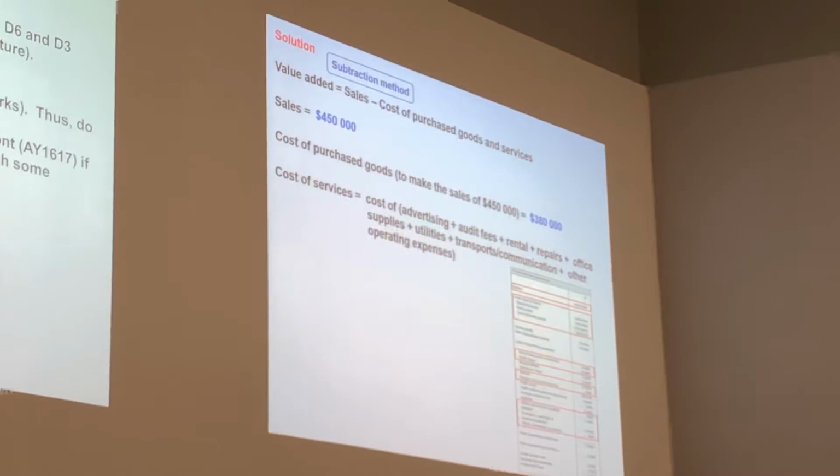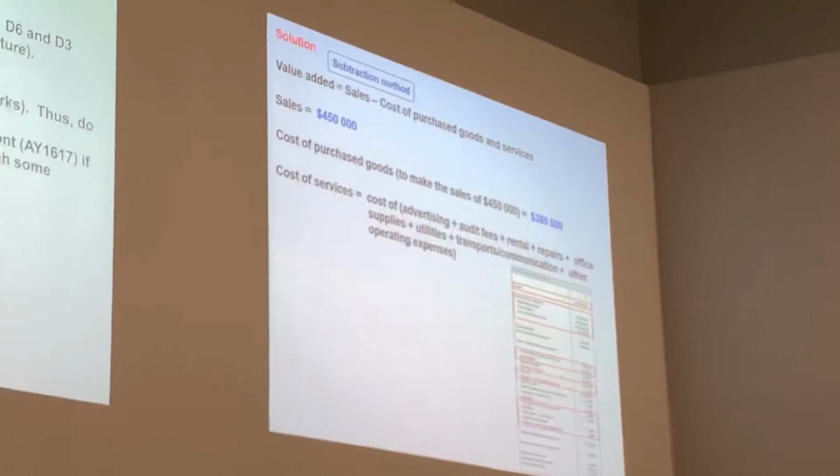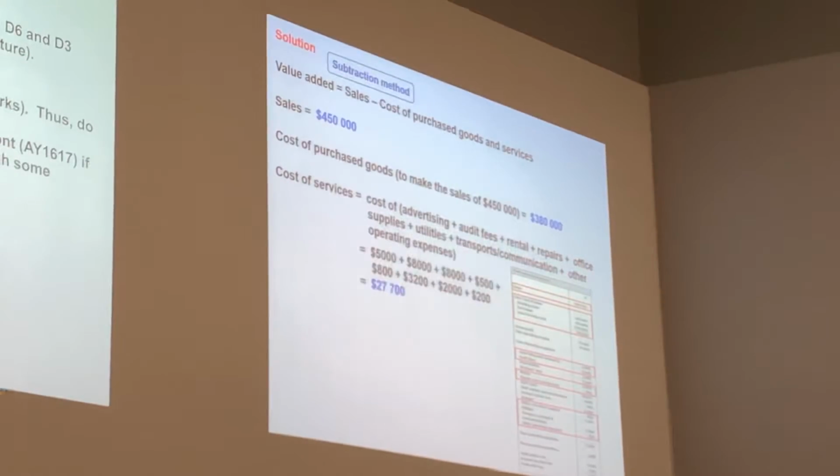Or other things like ISO certification, you also need to pay auditors fees. And other operating expenses, what other things can you think of? Maybe along the way you do some painting to your company or some extra operation. So add it all together, you will get this one here.